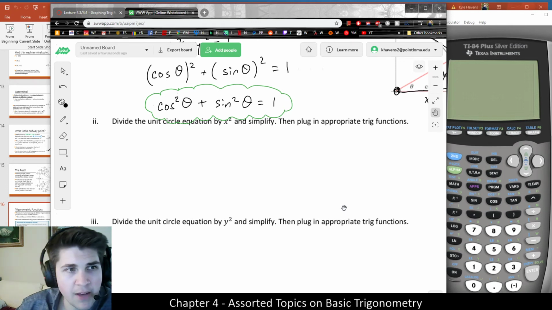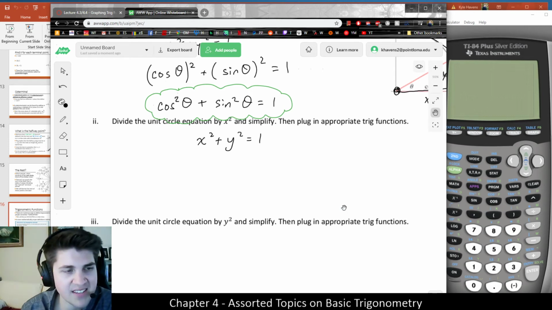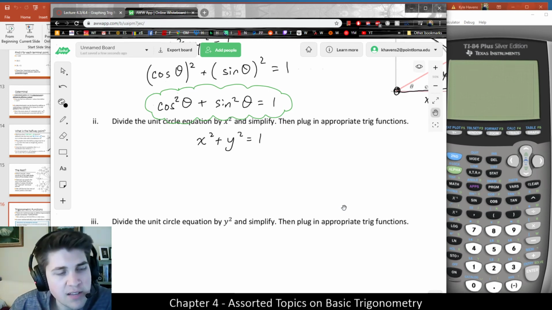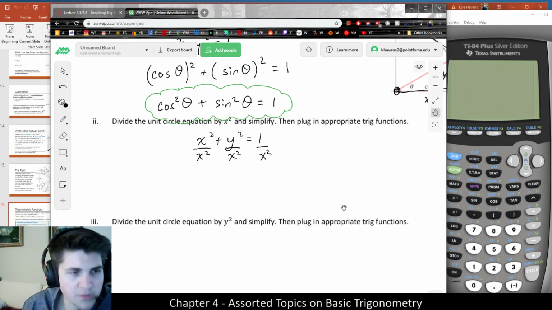If I start with the unit circle equation, because again, the moral of the story for these identities is they all still have to satisfy this equation, because each point must satisfy the equation. Notice that if I divide through by x squared, meaning I take both sides and divide by x squared, that would have to divide each term by the rule of division within an equation.